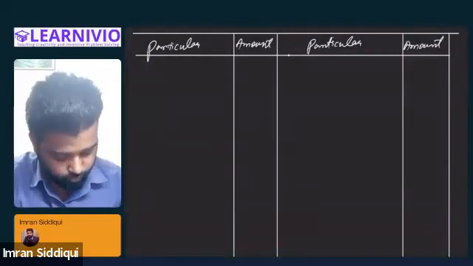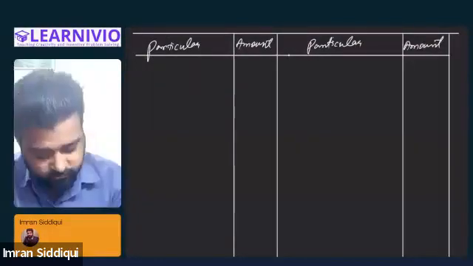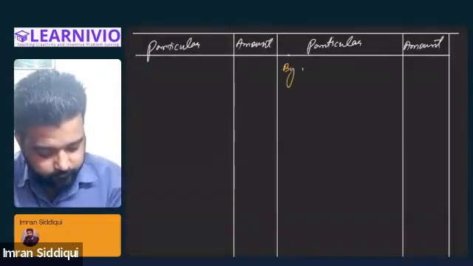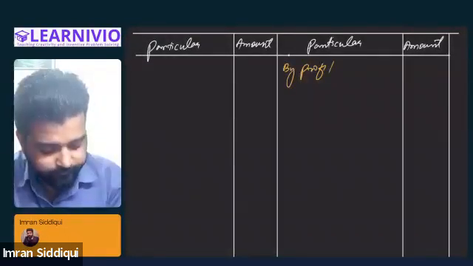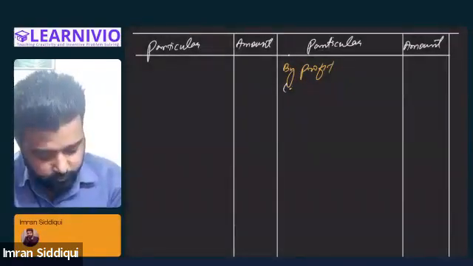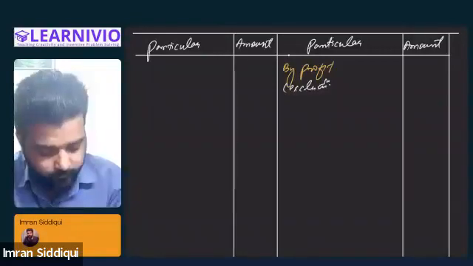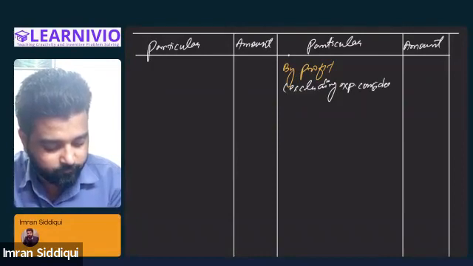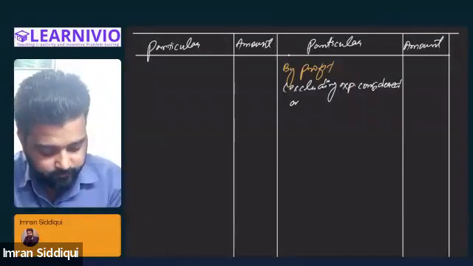So let me show you how we'll do that. First of all, I'll write down here: by profit excluding expense considered as charge against profit.